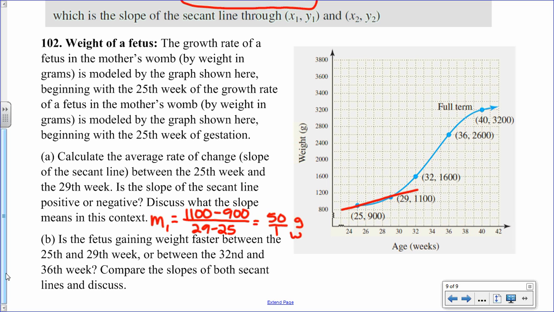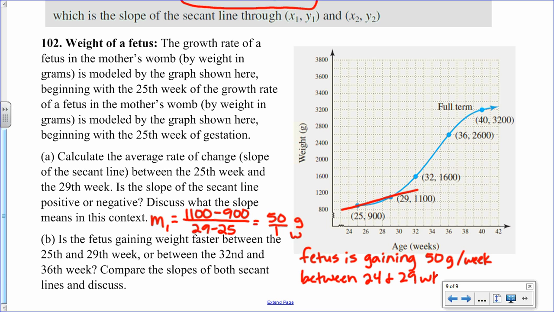But just between that interval. So, grams per week between 25 and 29 weeks. Okay?